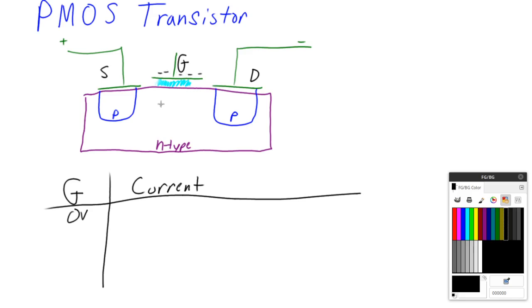And remember here we've also got electrons. And so what's going to happen is this excess of electrons is going to push the electrons away. It's going to kind of repel them. Same as the ones in these barriers here is going to repel these downward. And what will happen is we'll end up with a channel that current can flow across. So that means when we have 0, current flows.